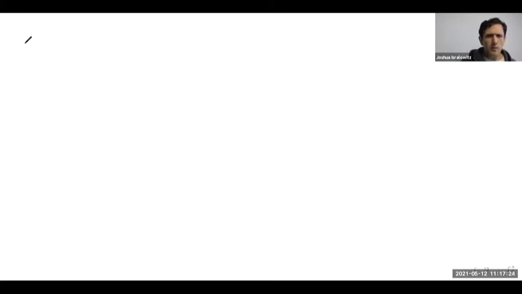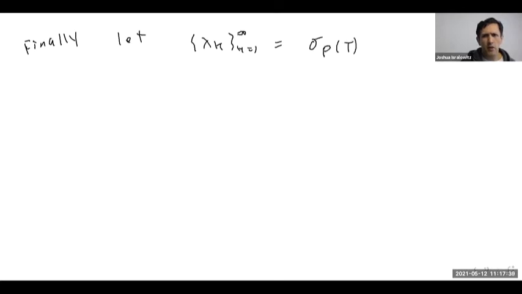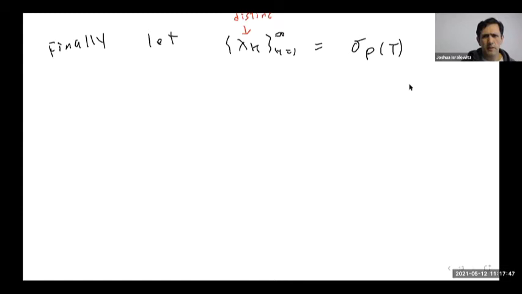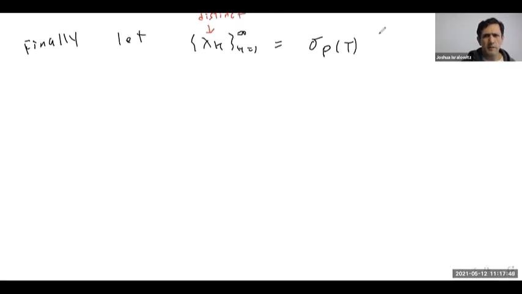So finally, let's say we have lambda_k in sigma p of T, and again, these are all distinct. Yeah, so how do we prove that lambda_k goes to 0?